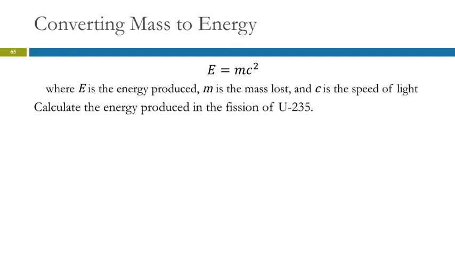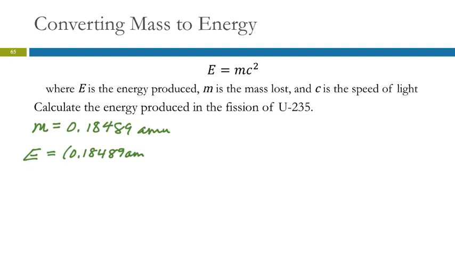So we can calculate the energy produced in the fission of one uranium-235 atom, or nuclide. We just calculated the mass that was lost. The mass that was lost was 0.18489 atomic mass units. So to calculate the energy, we're going to take that mass and multiply by the speed of light squared.